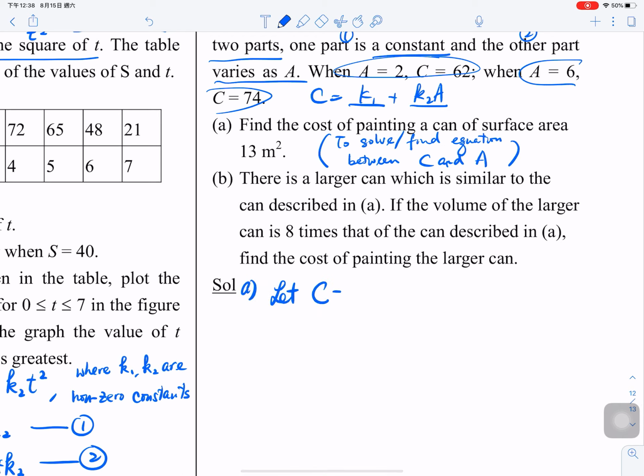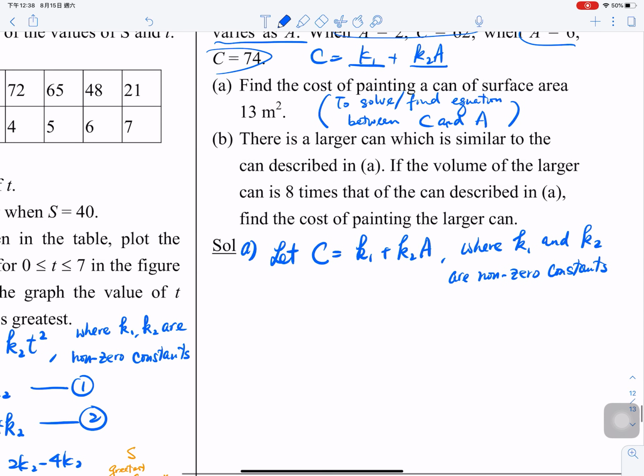Let C equals K1 plus K2A, where K1 and K2 are non-zero constants, right?